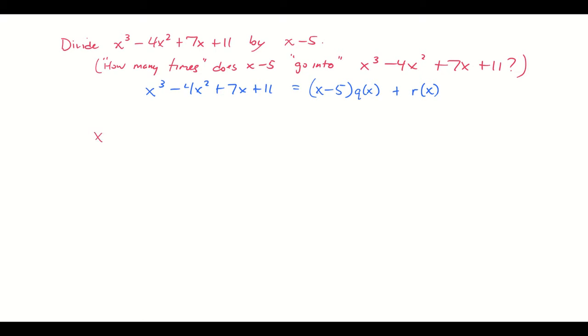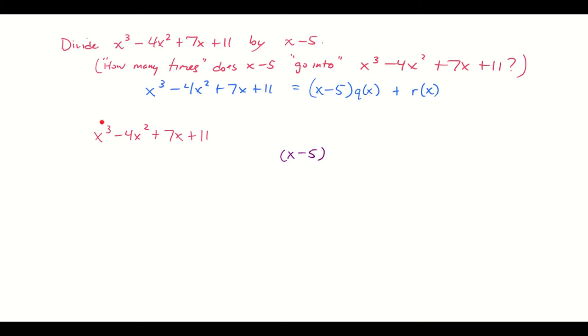So I have x cubed minus 4x squared plus 7x plus 11. And I'm going to start just like I did with 378 by thinking of a multiple of x minus 5 that is kind of close to this that I could take out and leave myself with a smaller remainder. So what multiple would that be? Well, what can I multiply by x minus 5 that would give me something useful to take out over here?